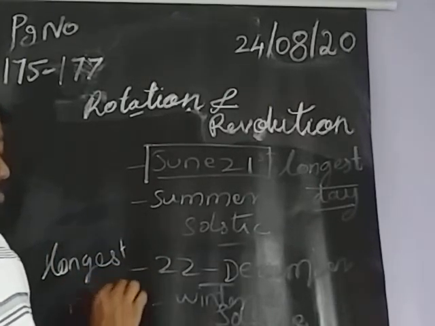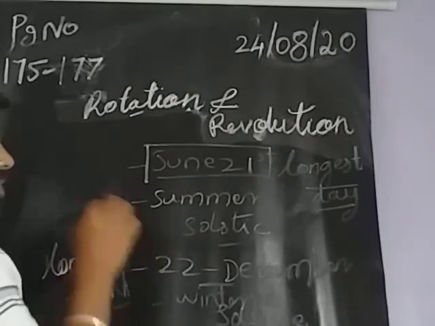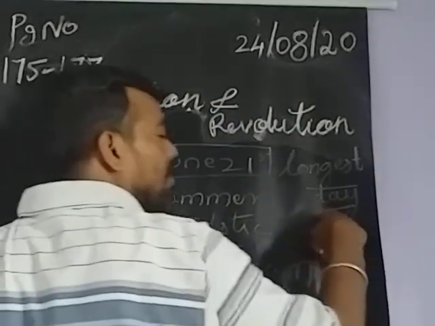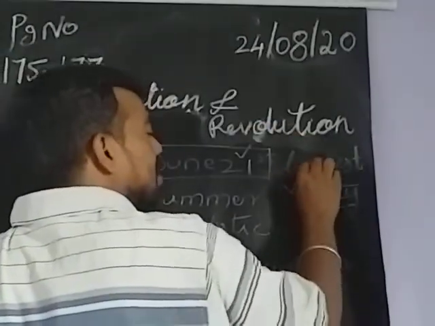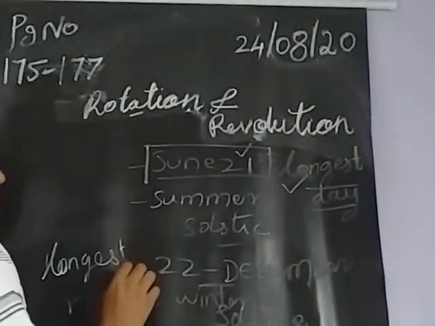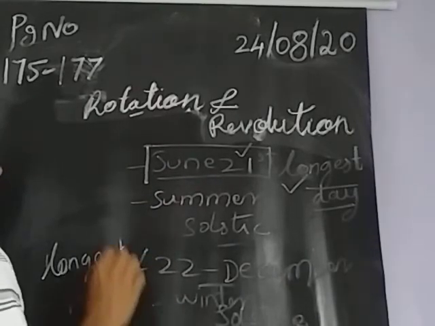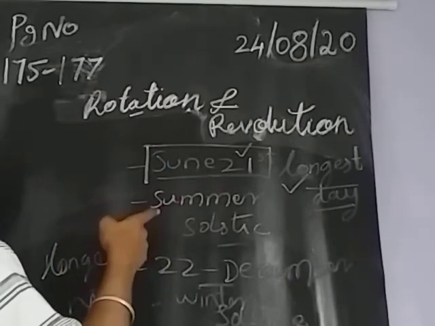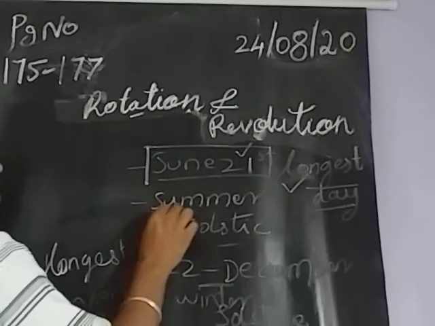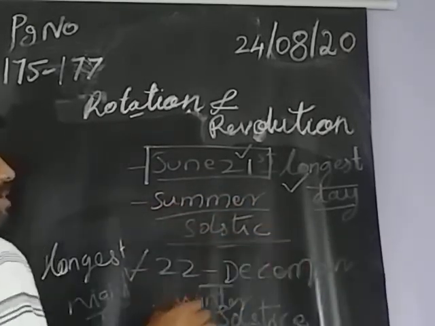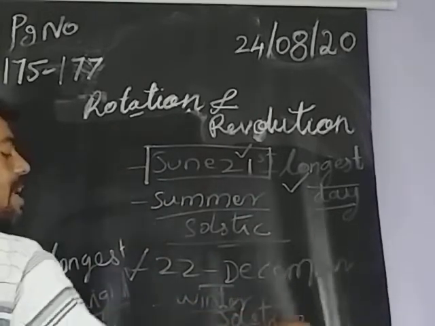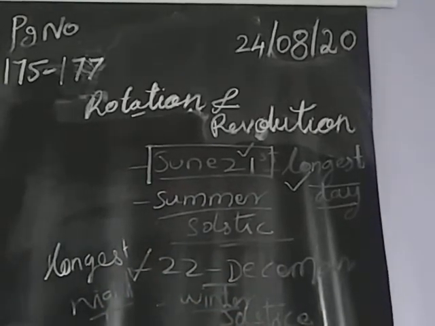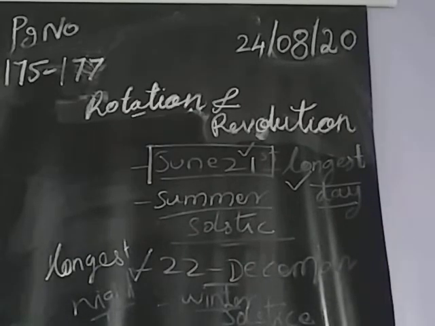Night being long means the day will be very short, and day being long means the night will be very short. So on June 21st you get the longest day, and on 22nd December you get the longest night. The very longest daytime is called the summer solstice, and the very longest night is called the winter solstice. It is worth one mark, with two more chances. Summer solstice, winter solstice, so read it properly.